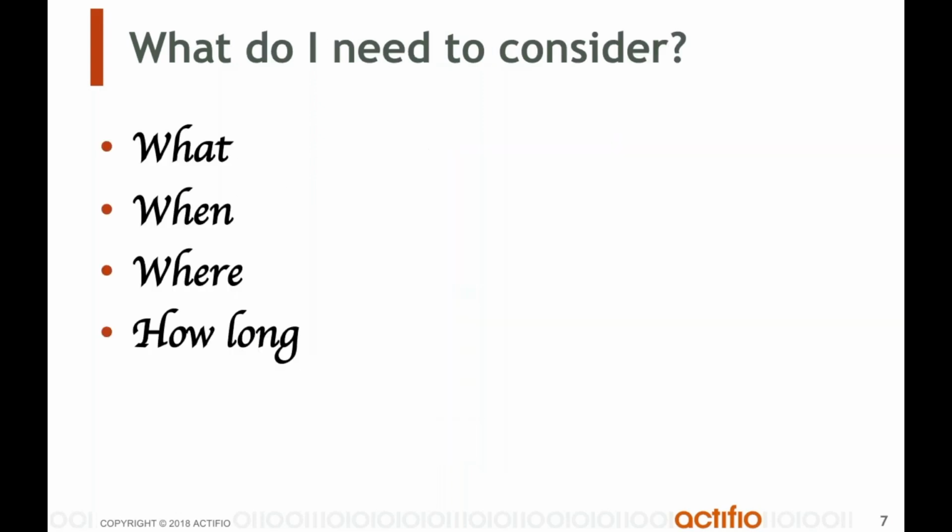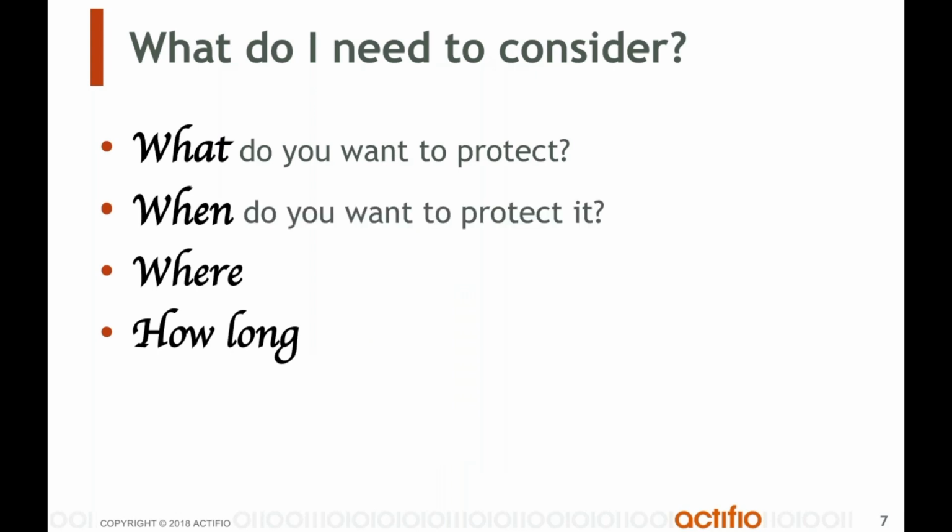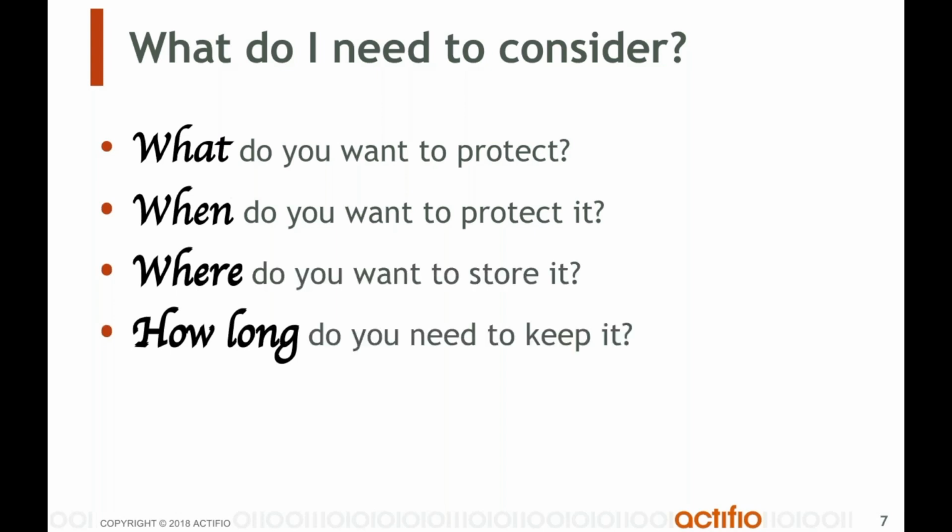Now, for any data protection platform, there are 4 basic questions you want to consider. The first being, what do you want to protect? Next, when do you want to protect it? Where do you want to store it? And how long do you need to keep it around?